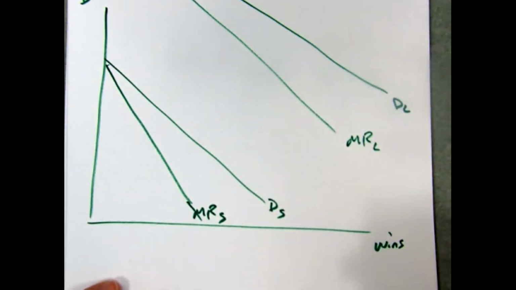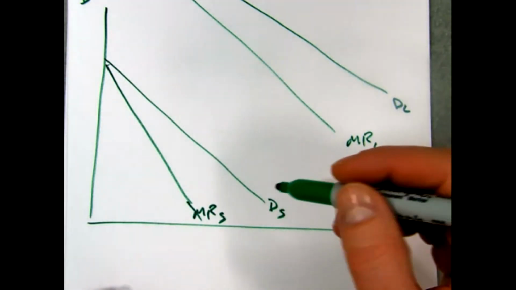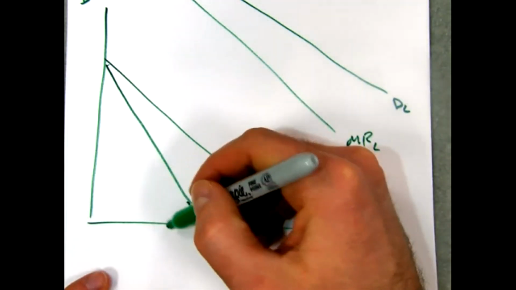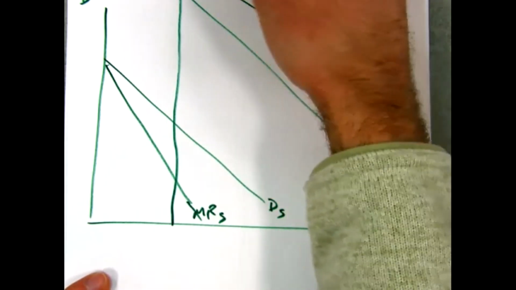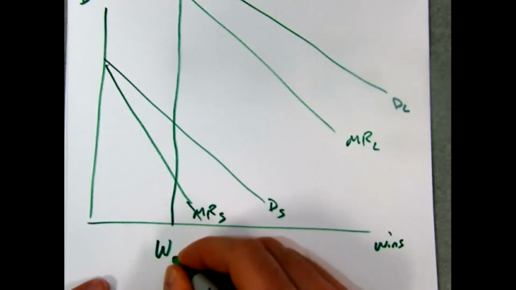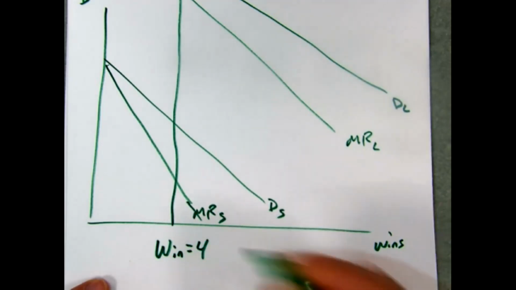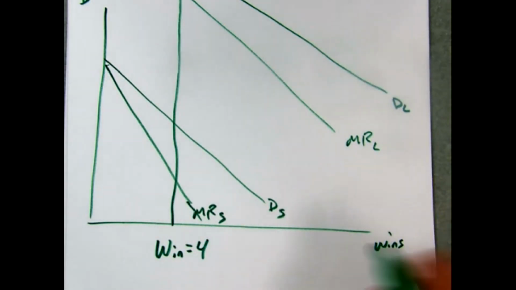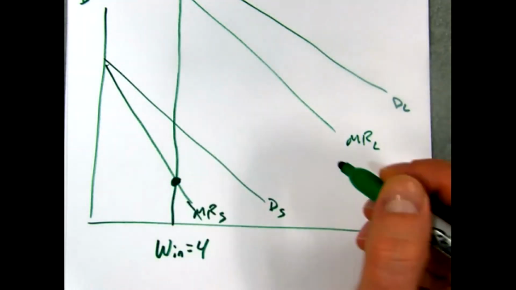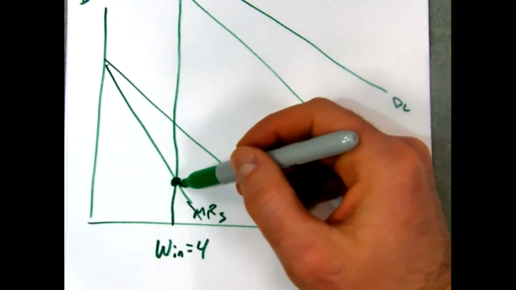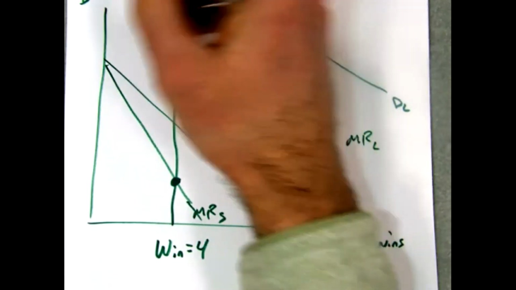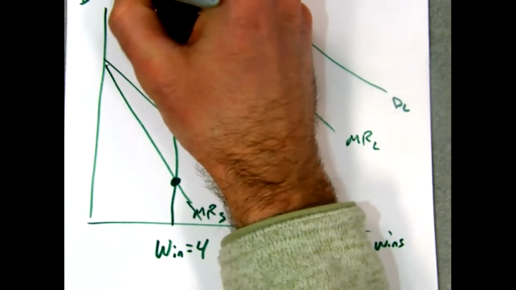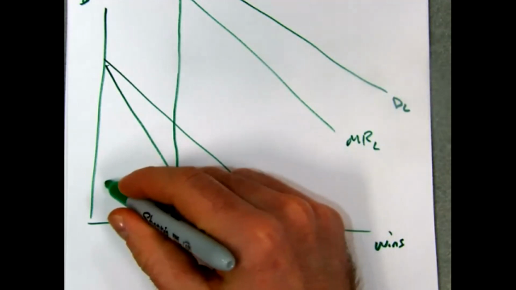I think I drew this probably too extreme, well, I can just really draw it like crazy. So let's say, I don't know, if they both win 4 games or something, the marginal revenue that comes from winning that 4th game for a small market team is significantly lower than the marginal revenue that comes from that 4th win.